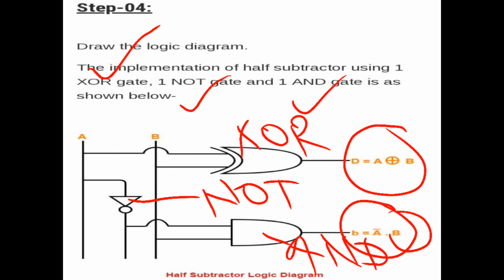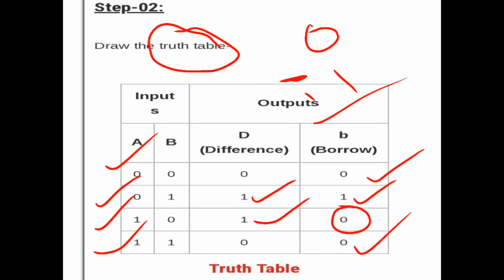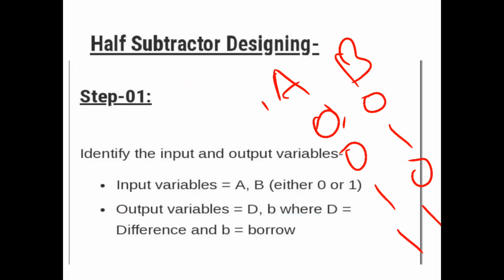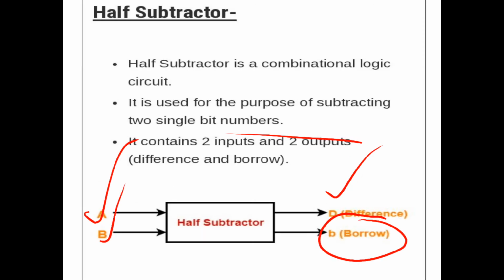So before proceeding towards the full subtractor, let me recall it again so that you are able to learn. Half subtractor is basically a combinational logic circuit which helps in getting the subtraction between two single bit numbers.